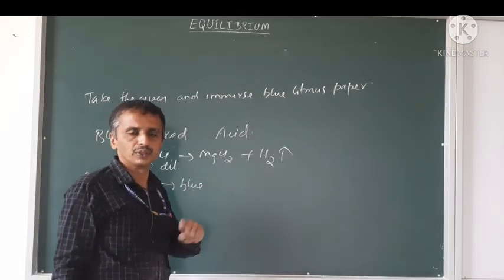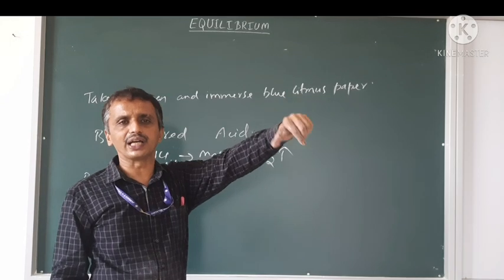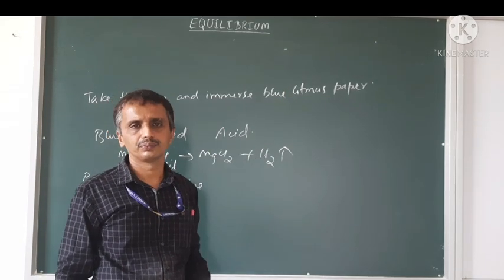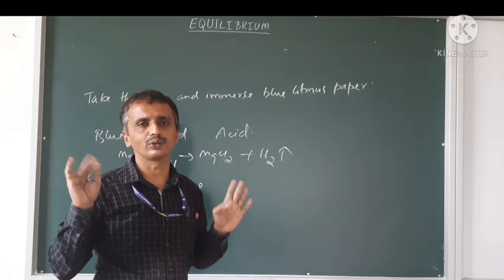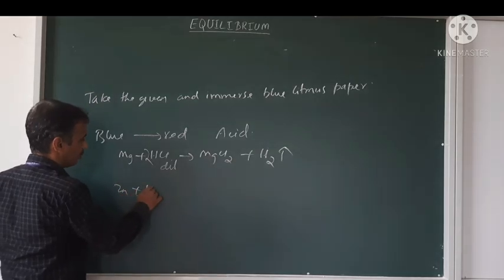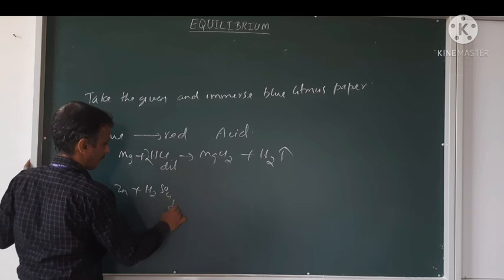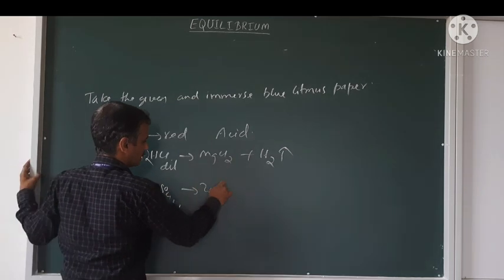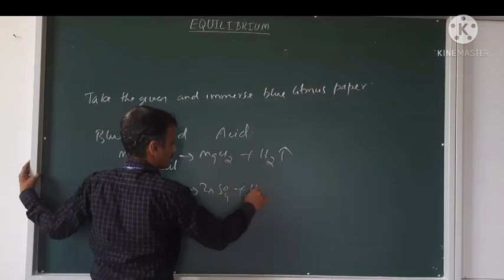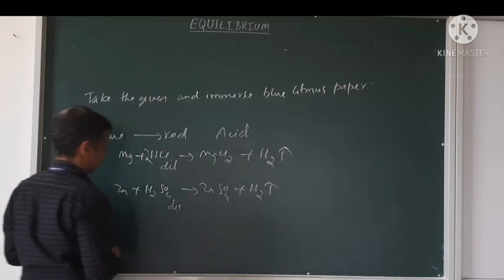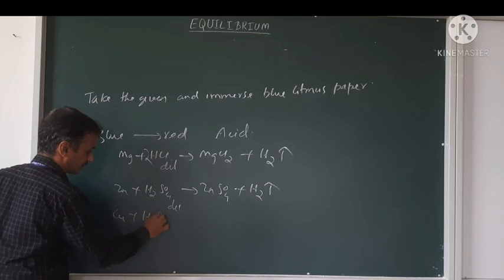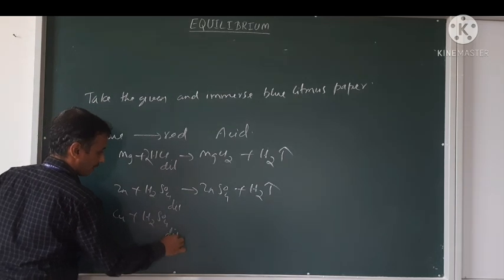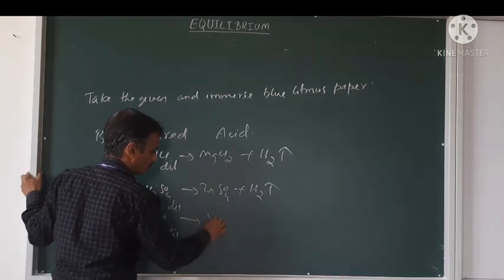Zinc plus dilute sulfuric acid gives zinc sulfate and dihydrogen. I am not saying that every metal will displace the dihydrogen. But this is not true with copper and dilute sulfuric acid, as already mentioned in the redox reaction.